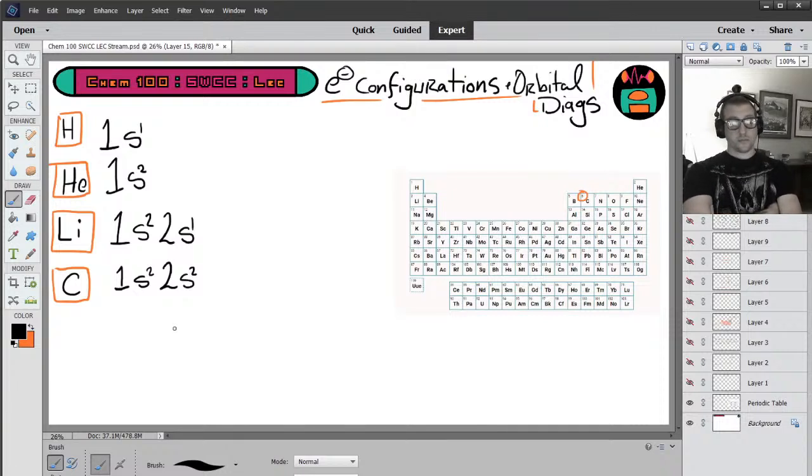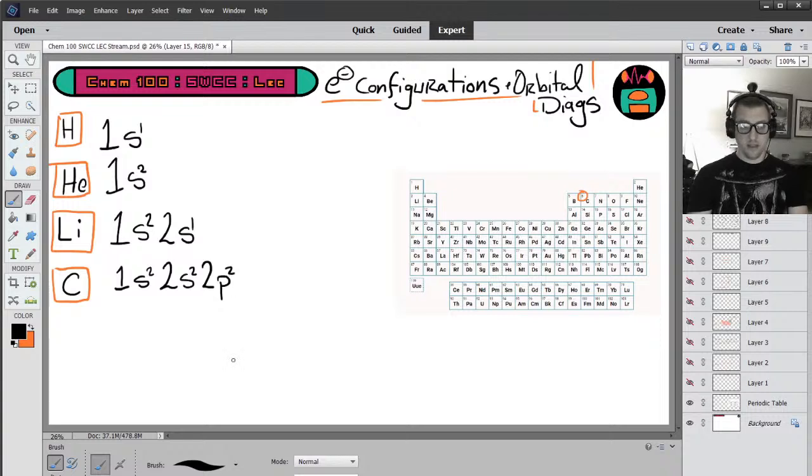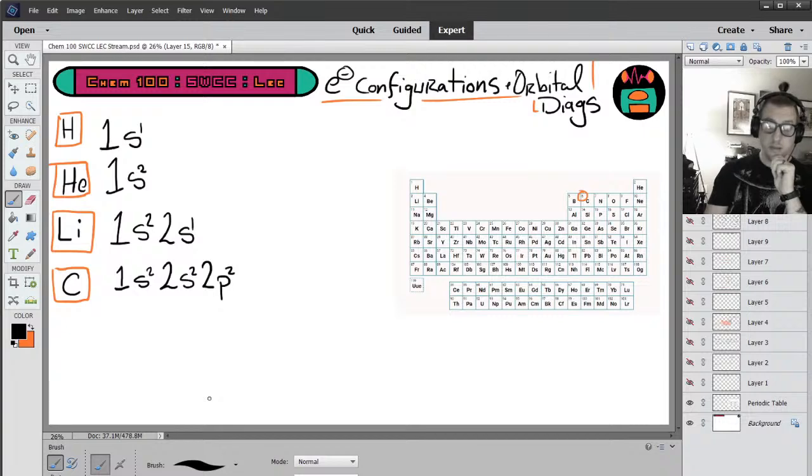Now, we have 2 electrons in the 2s subshell. Our next 2 electrons have to go into the 2p subshell. So we put a 2 out in front, a p, then we put 2 electrons into the 2p subshell. So this is the electron configuration for carbon.